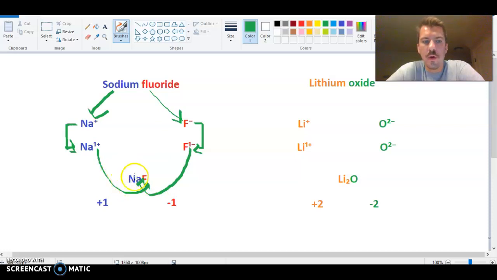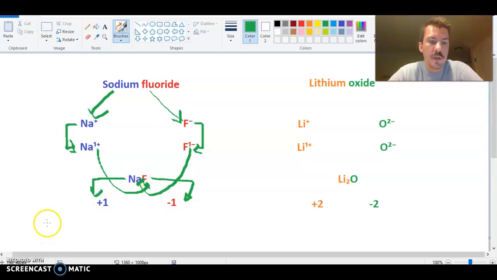If I were to look at the overall positive charge, because there's only one sodium, there's only one cation, and sodium has a +1 charge, the net or total positive charge is +1. Because fluoride has a -1 charge, and there's only one of them, our compound has a negative charge of 1.